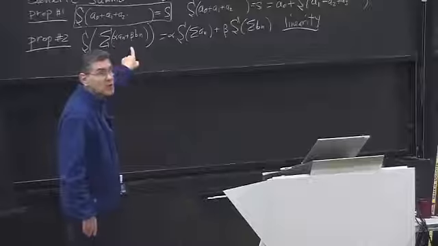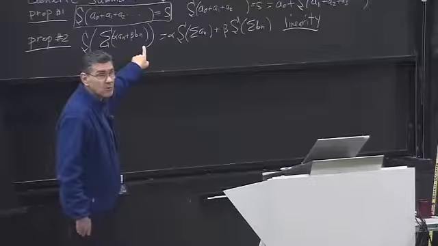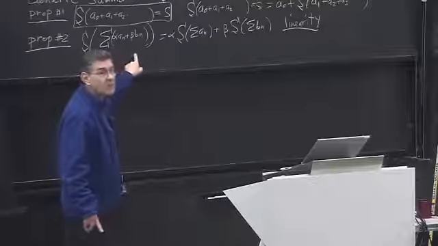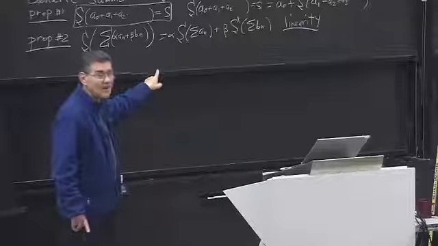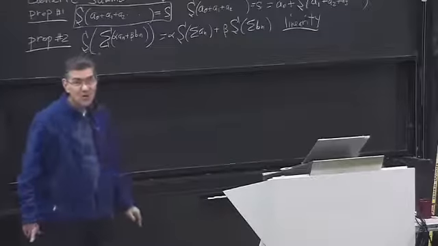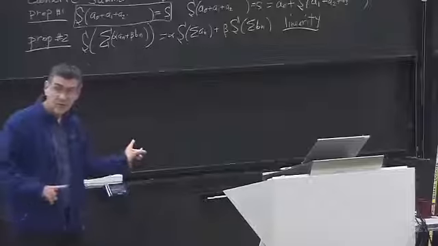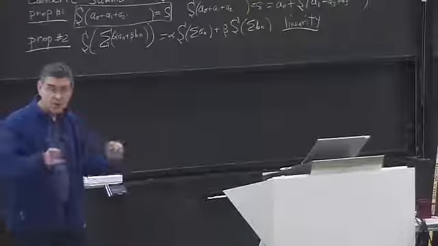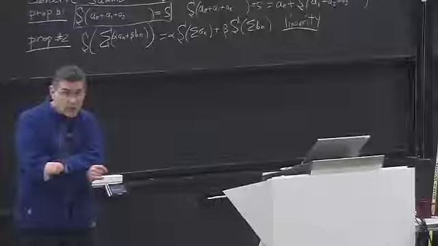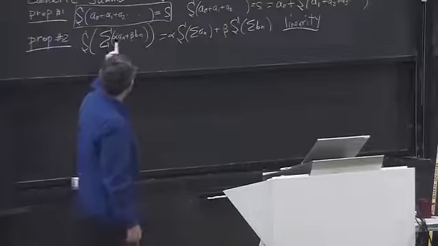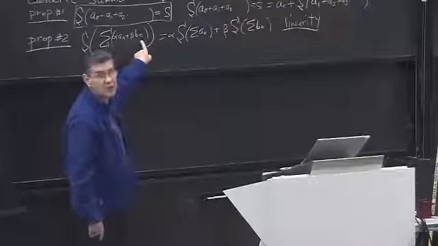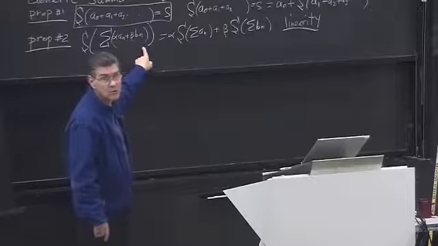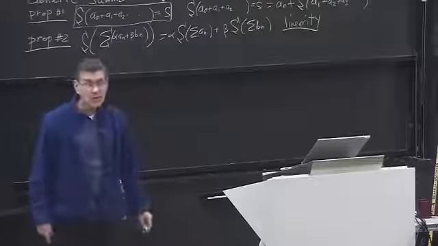Alpha A0 plus beta B0. Next, alpha A1 plus beta B1. This is what distributivity says. This is what linearity says. I'm not changing the order in which I'm doing the sum. I'm not adding up the 0th term and then the 19th term and then the 14th term and then the 23rd term. I'm not doing that.